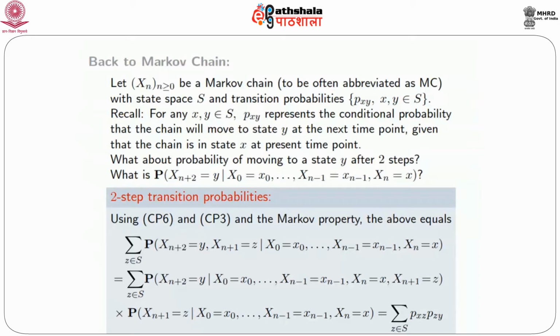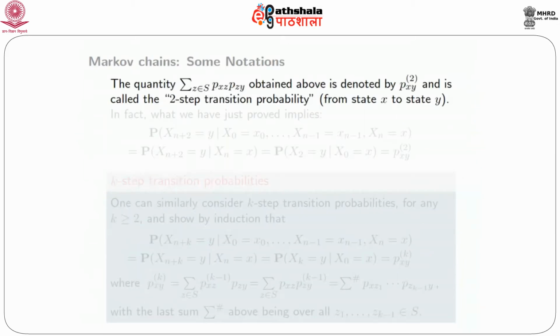From the definition of Markov chain, we know that that conditional probability is simply the probability of transition from state z to state y from time n plus 1 to time n plus 2. And similarly, the second factor becomes Pzy.